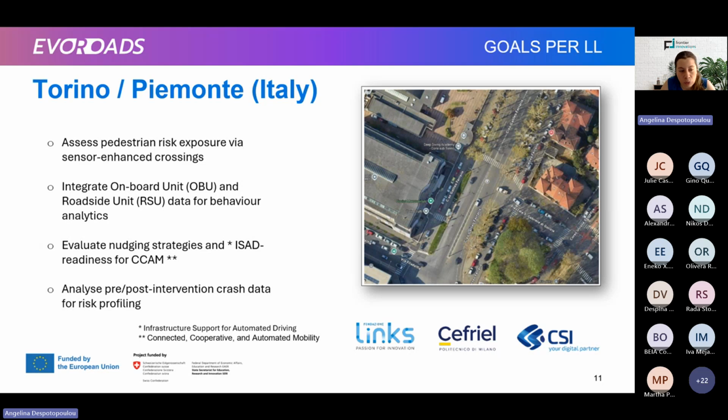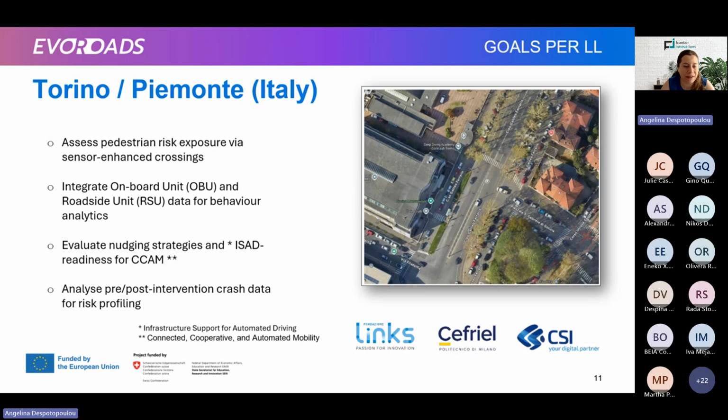They would like to try to integrate onboard units and roadside units data for behavior analytics to see what drives, from the human side, what causes the accidents, what behaviors, and how those can be altered, what propositions can they make to the people to change those behaviors towards a safer behavior, and to evaluate nudging strategies.